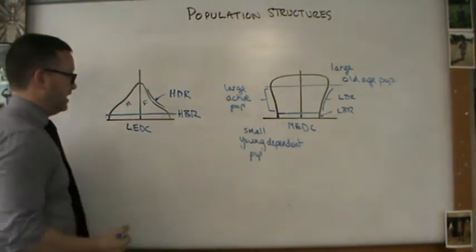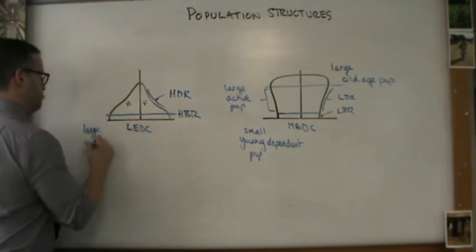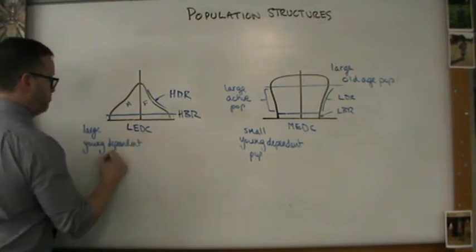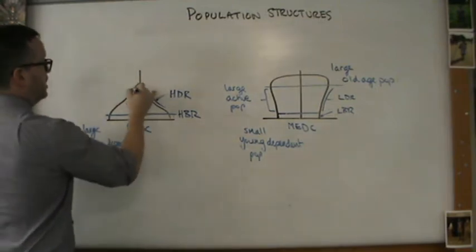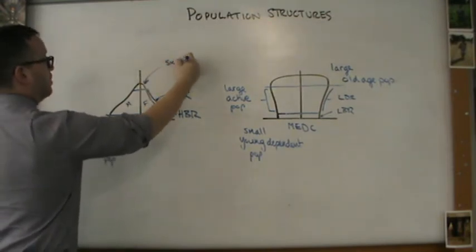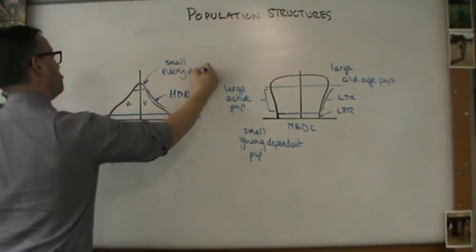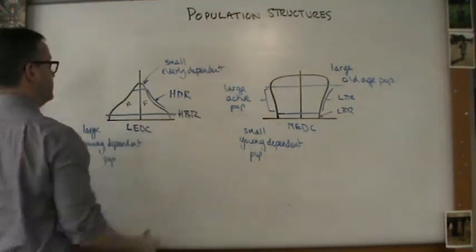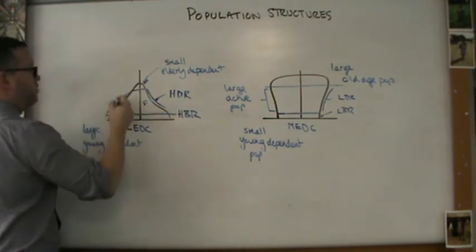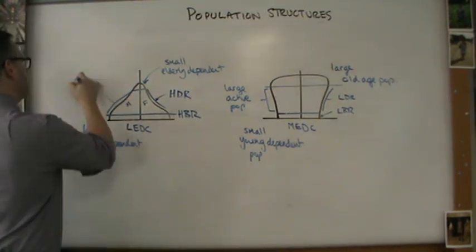In the LEDC case study, there is a large young dependent population, a small elderly dependent population, and consequentially, because people are dying quite rapidly, quite a small working age population too.